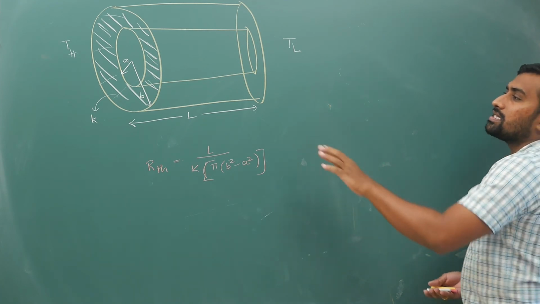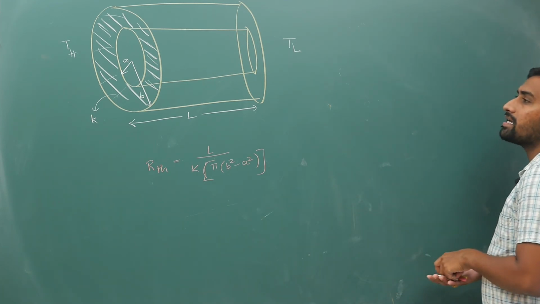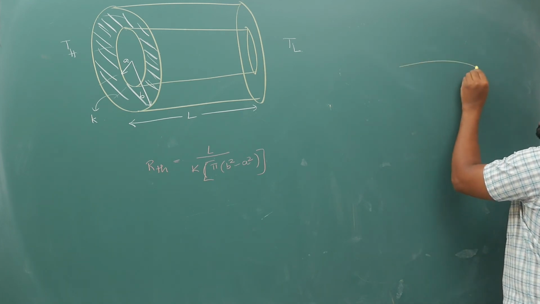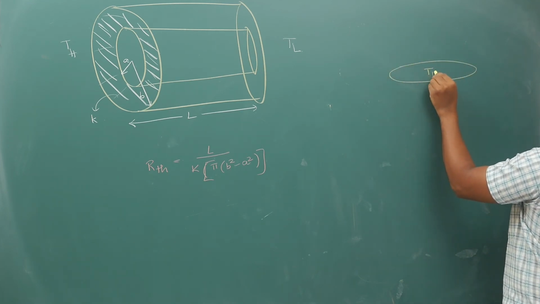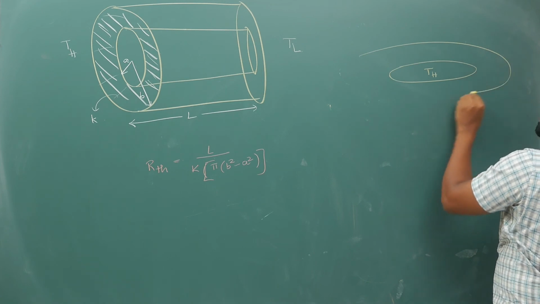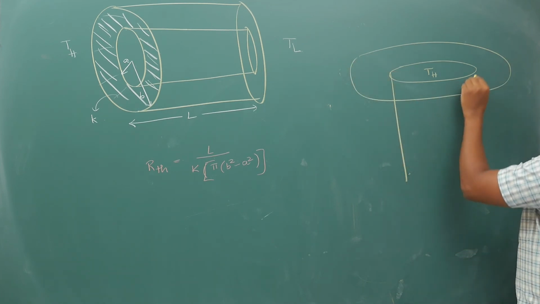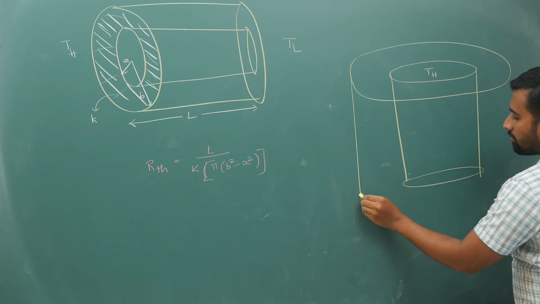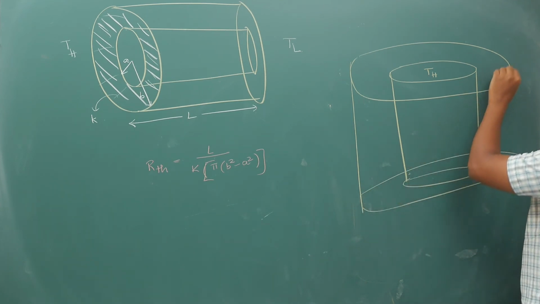Now if this is not the case, the next situation is, let us say I have my high temperature in the middle and within the same cylinder your heat energy is flowing radially outwards.